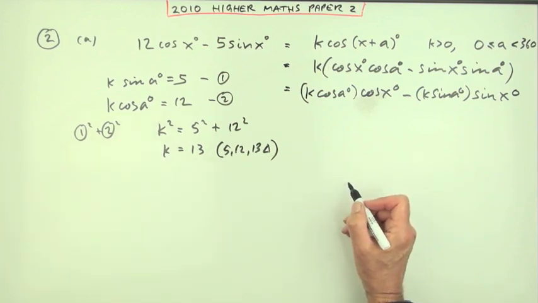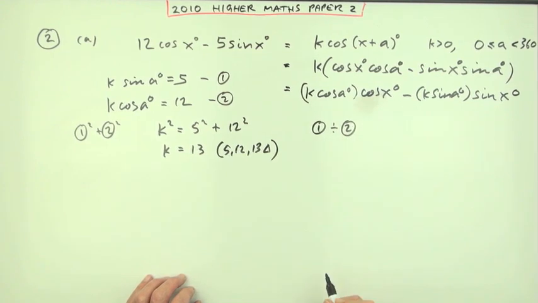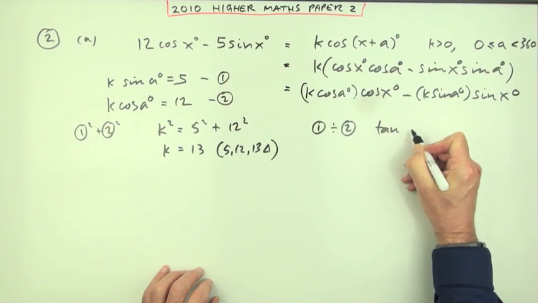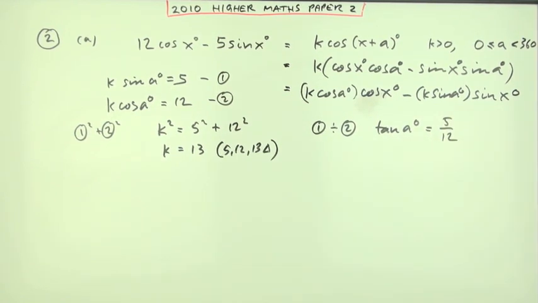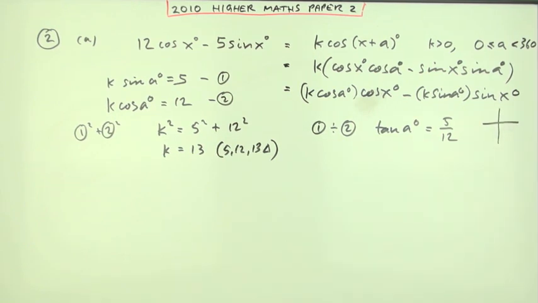How would you find what a is? Well, if you took equation 1 and divided it by equation 2, the k's would cancel, sine over cos becomes tan, so you'd have the tan of a equals 5 upon 12. Now, a little check as to what size this angle might be.